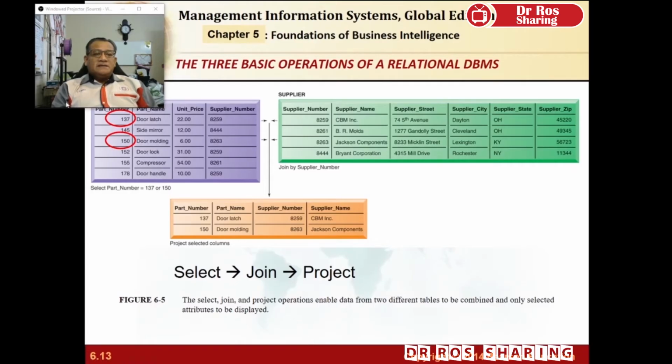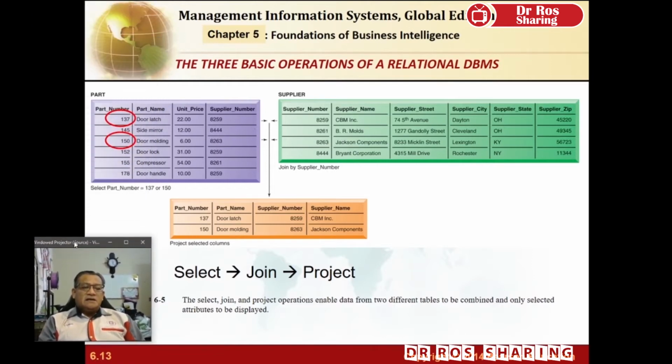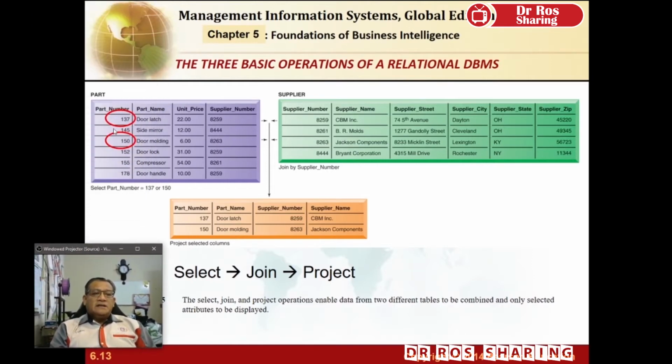Okay, for example, this is the tree table. The tree table consists of the part table and supplier table, right? So this is basically to show the table of part number, part name, supplier number, and supplier name.